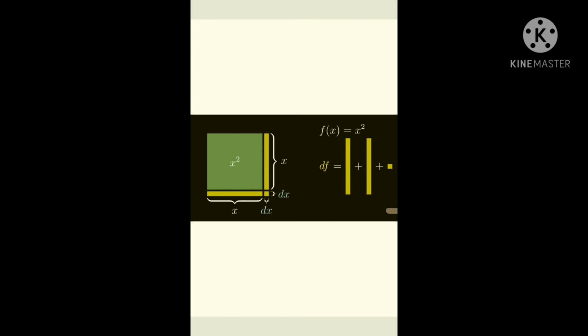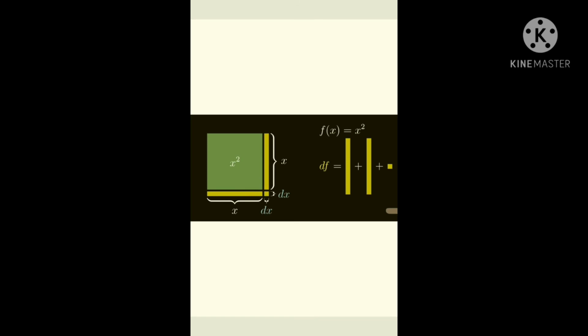See, there are different formulas on the basis of derivatives. One formula is there for x square. If you have a square, you know that the area of the square is x square. You can take this in the form of a product, x into x, like this.